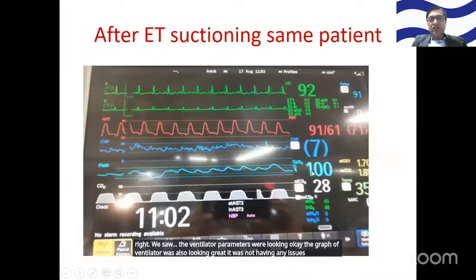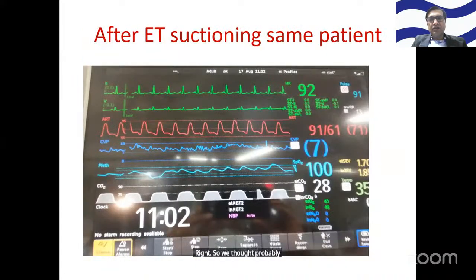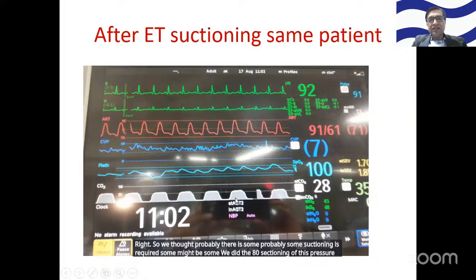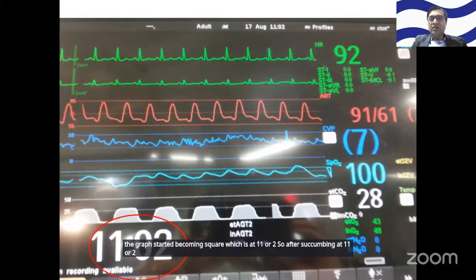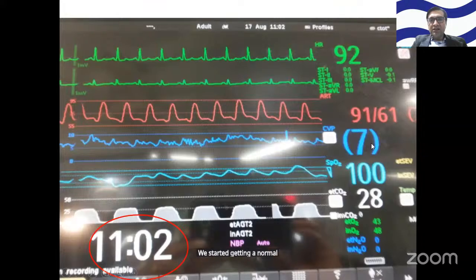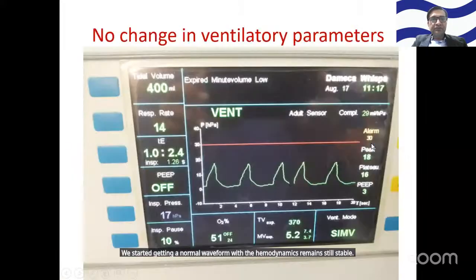So we thought probably some suctioning is required, maybe a mucus plug has come. We did ET suctioning of this patient, and then the graph started becoming squarish, at 11:02. So after suctioning at 11:02, we started getting a normal waveform, with the hemodynamics still stable and no change in ventilator parameters. We were ventilating with a 400 tidal volume and a 14 respiratory rate.